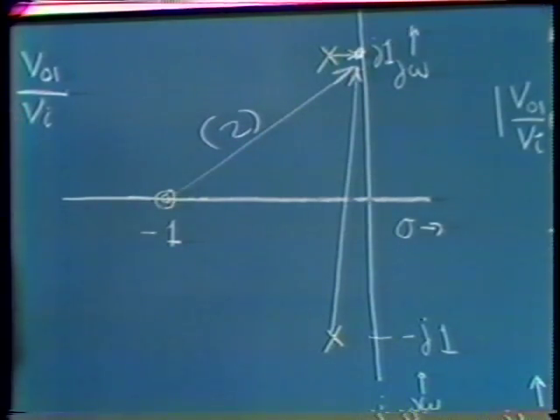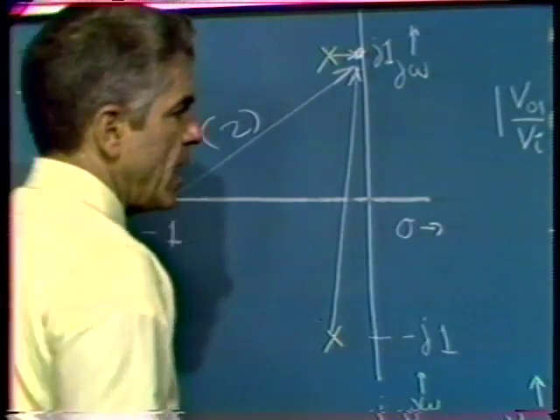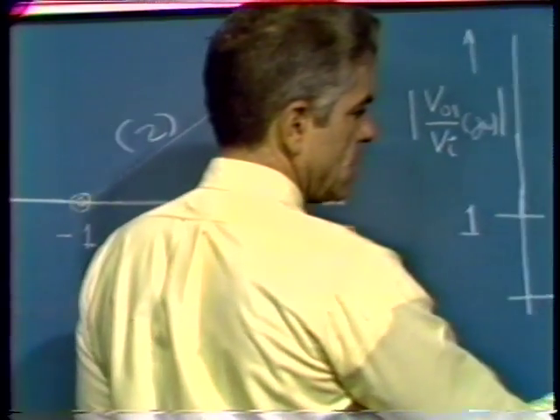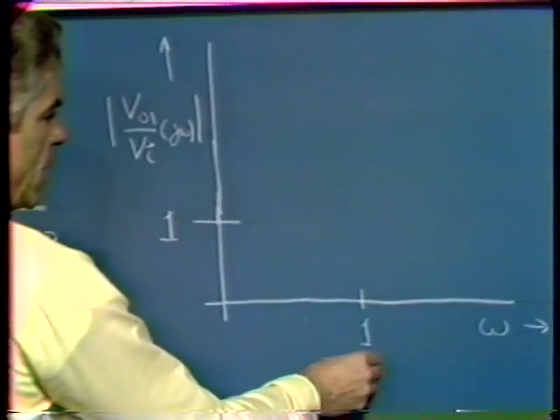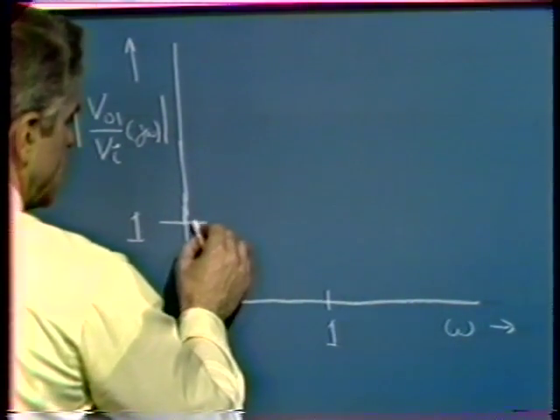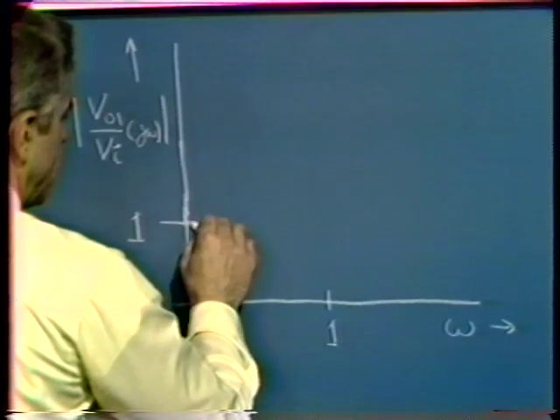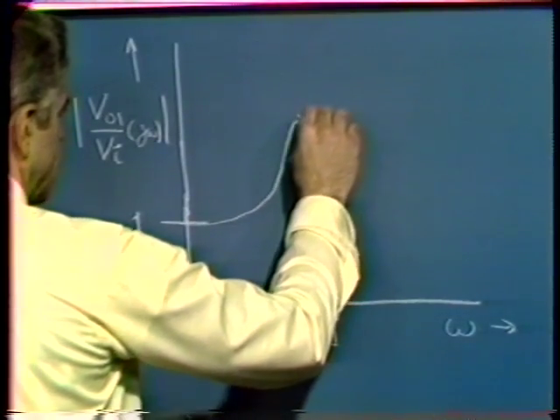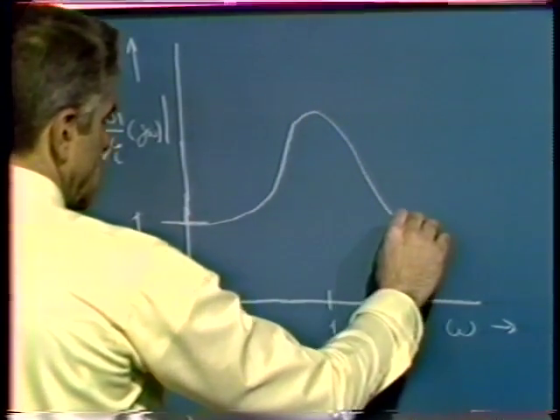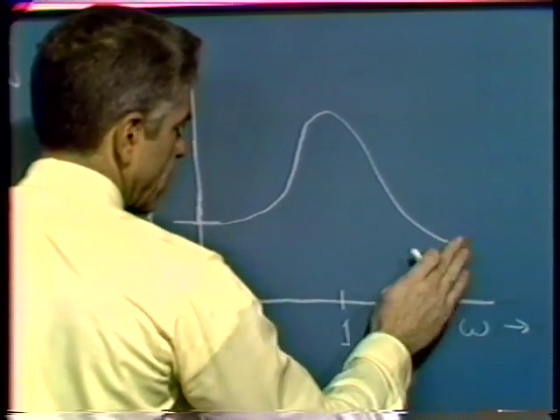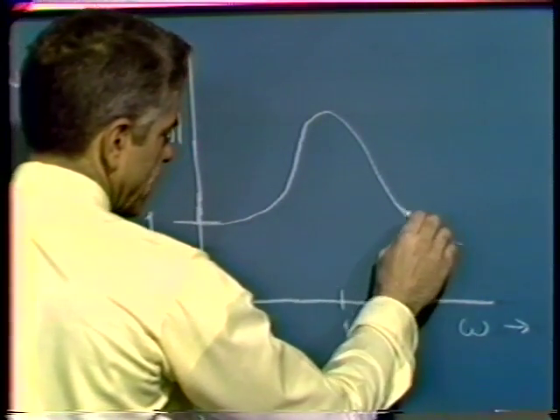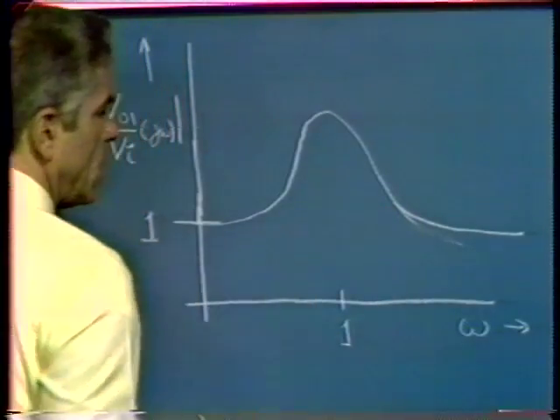resonance. We argued that the low and high frequency gains are the same, and if we assume that our complex conjugate pole pair were located at omega equals 1, we'd anticipate getting this sort of picture, the usual resonant curve where the high frequency gain again reached 1.